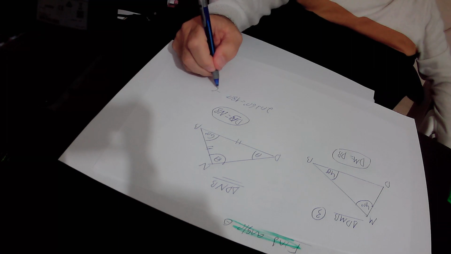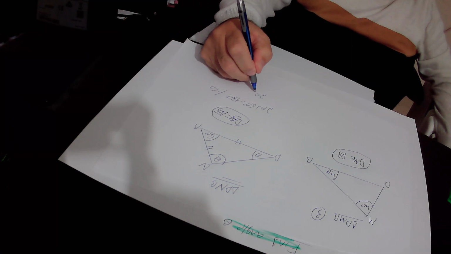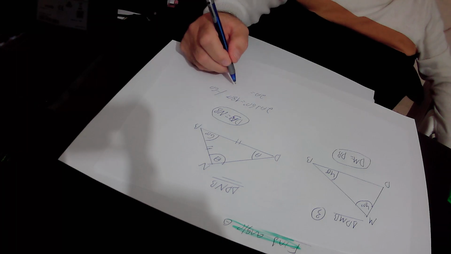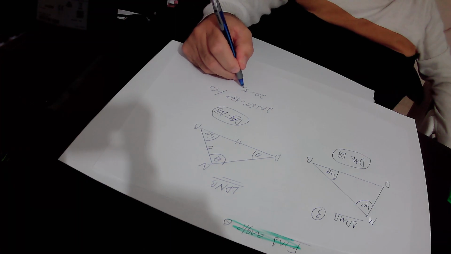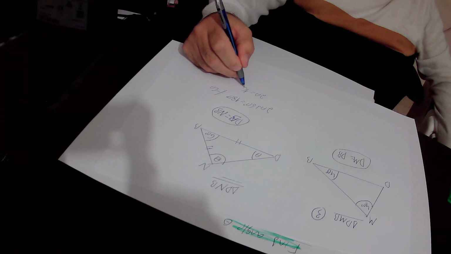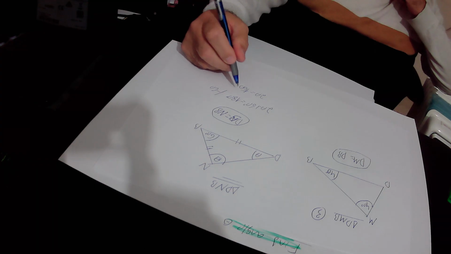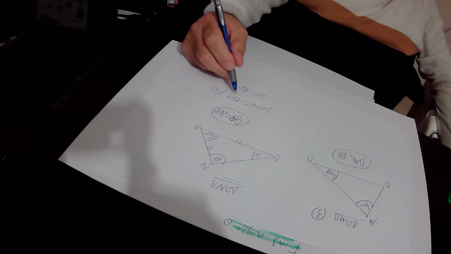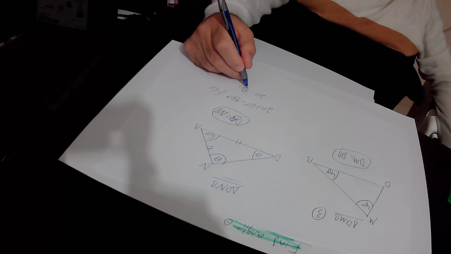We subtract 60 degrees from this equation, and finally we get that 2 theta equals 180 degrees minus 60 degrees. 180 degrees minus 60 degrees, it is of course 120 degrees.